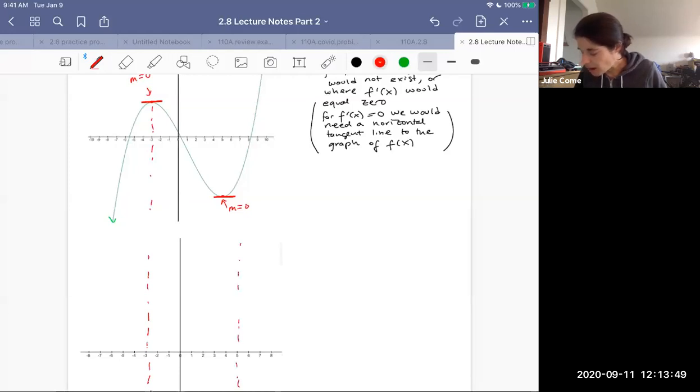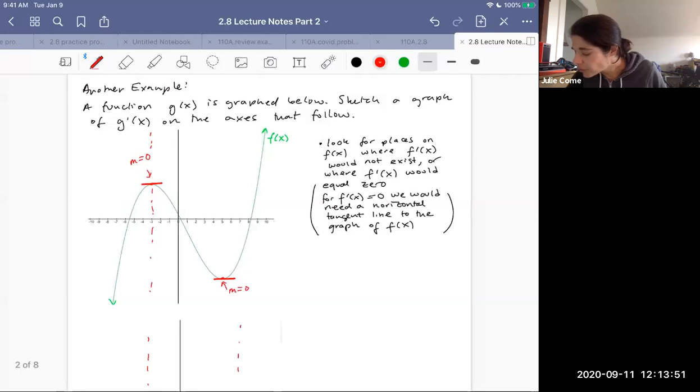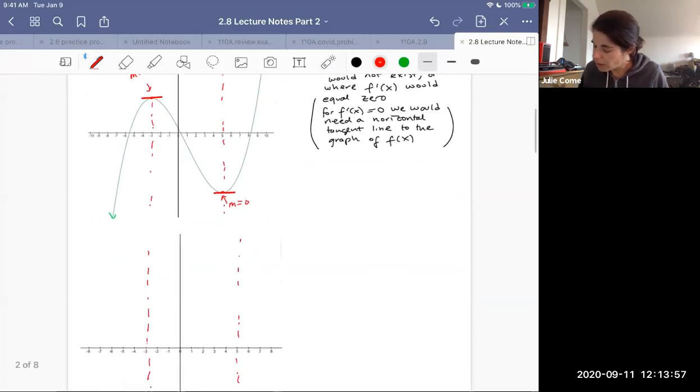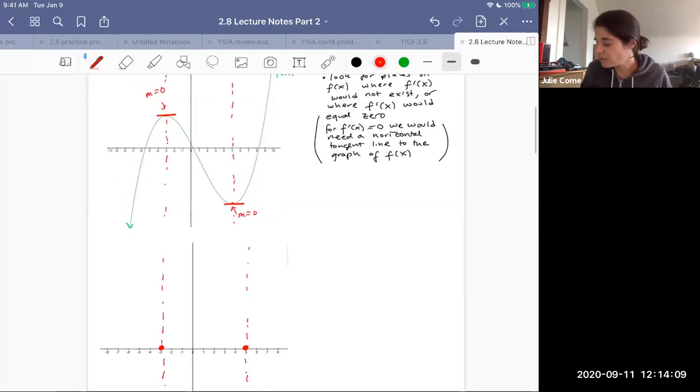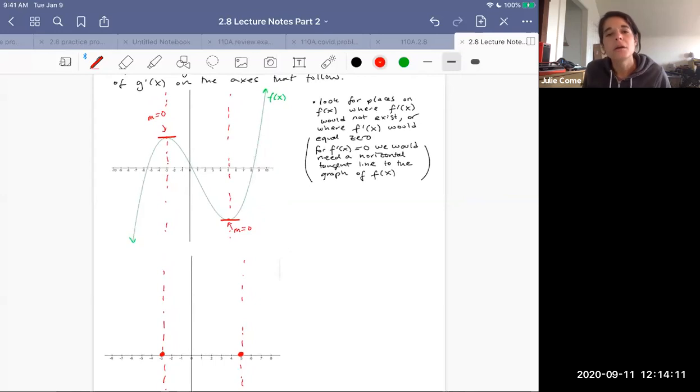So these are not on the graph of any function, they're just trying to help me keep myself organized here. All right, so what do I know? Well, I know that the graph of the derivative function is going to go through the point -3, 0, and I also know it's going to go through the point 5, 0. So I have 2 points on the graph of my derivative function already.